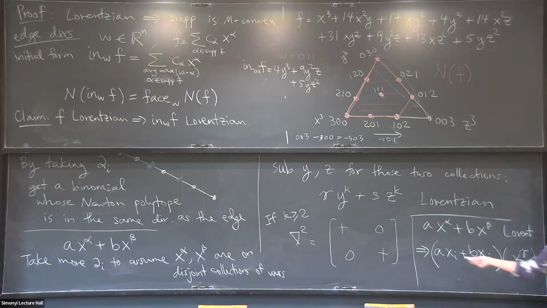And this edge is in direction ei minus ej. So we have done the first part of the proof. The Newton polytope has edges in directions ei minus ej.